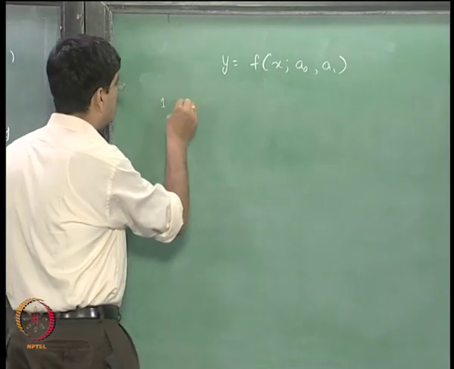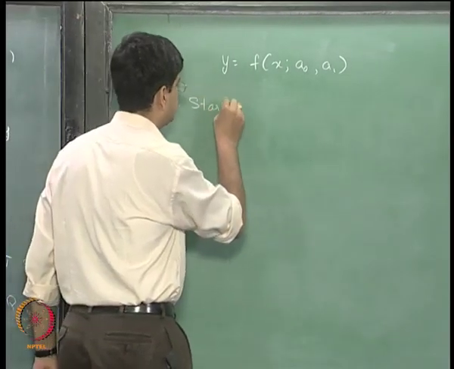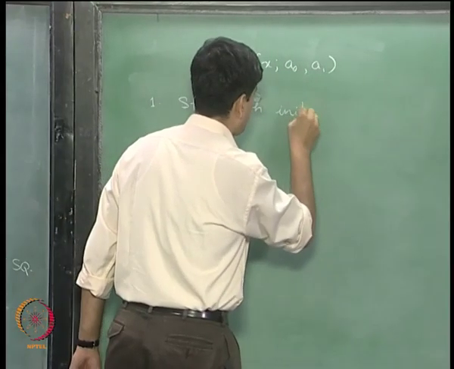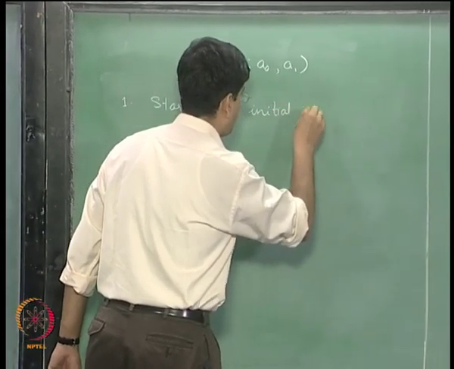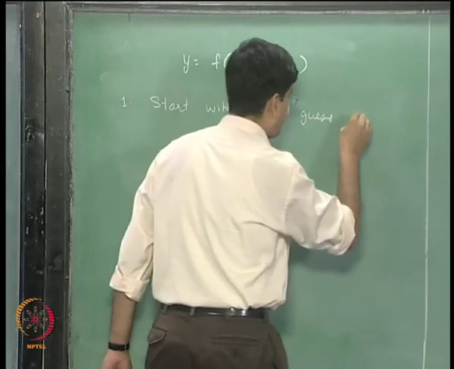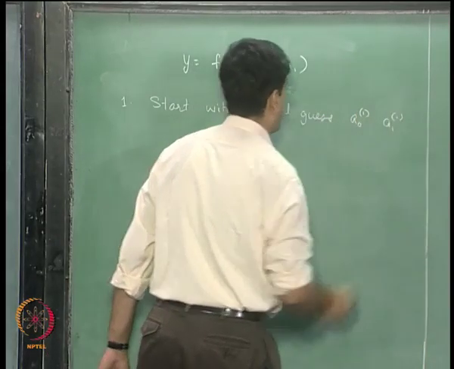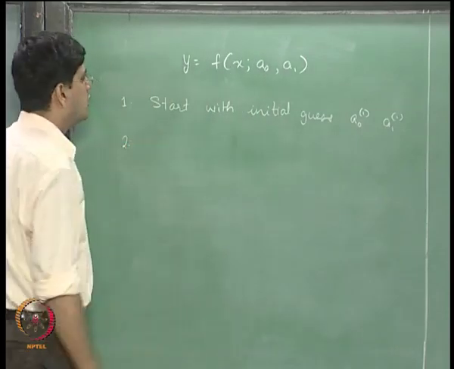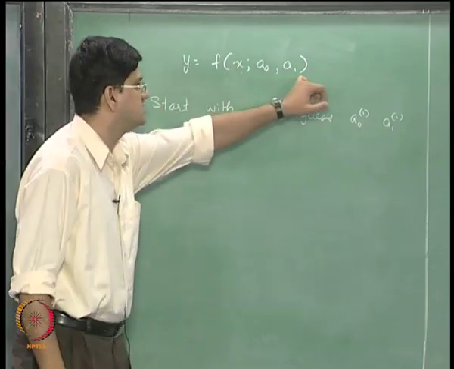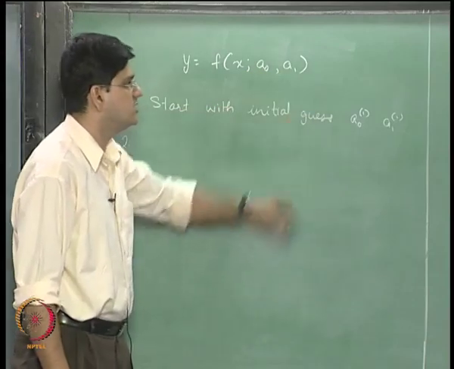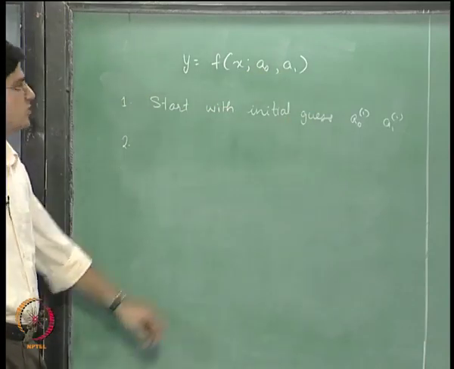So we will start off with initial guesses. Next we linearize the function f with respect to a0, and with respect to a1.